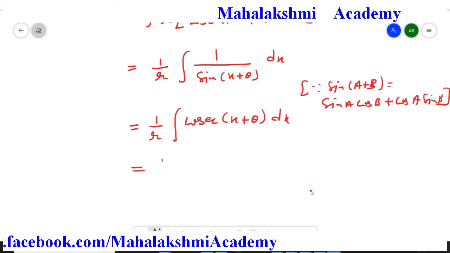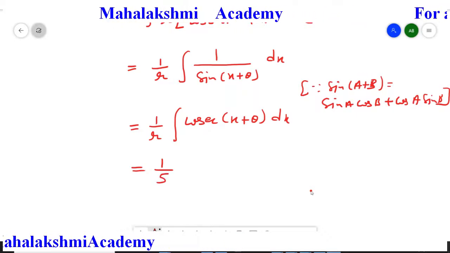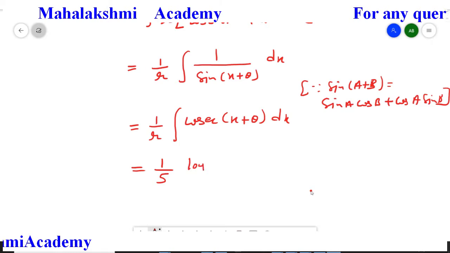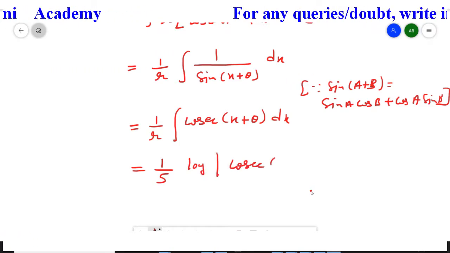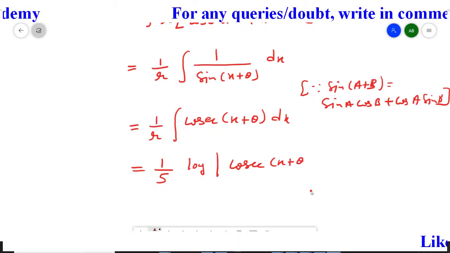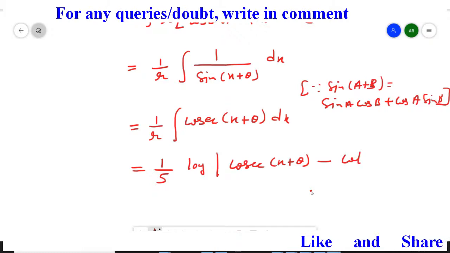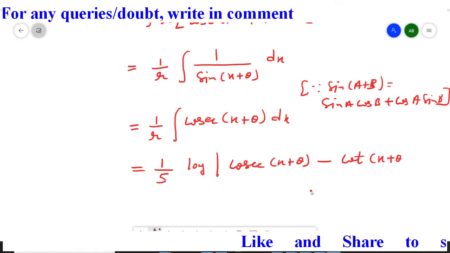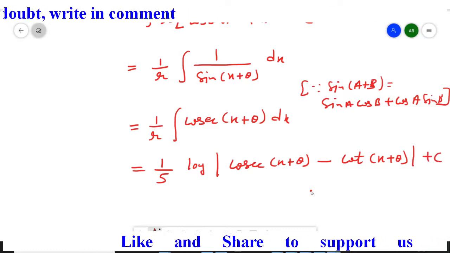So 1 upon r value we already know, that is 5, and the cosec x integration formula is log mod cosec x plus theta minus cot x plus theta and mod plus integration constant.